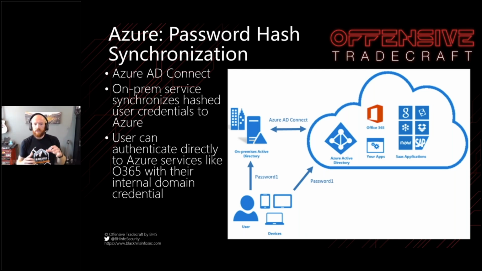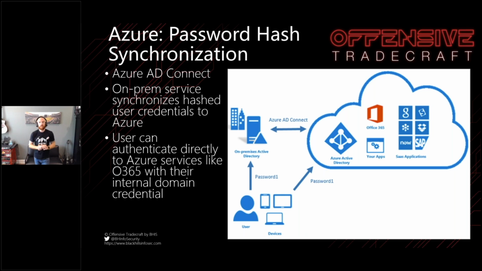You have an on-prem service that is constantly talking back and forth with Azure and updating these credentials. The cool thing about this is that authentication can be from anywhere. Your employees can authenticate to Azure and O365 directly, and there's no redirection to an on-prem server.